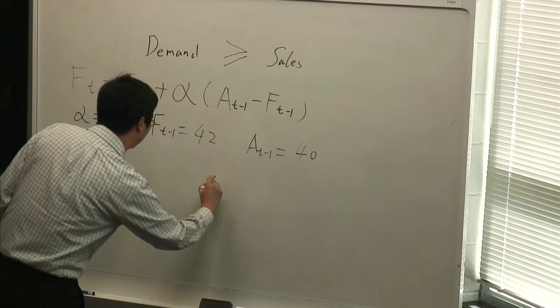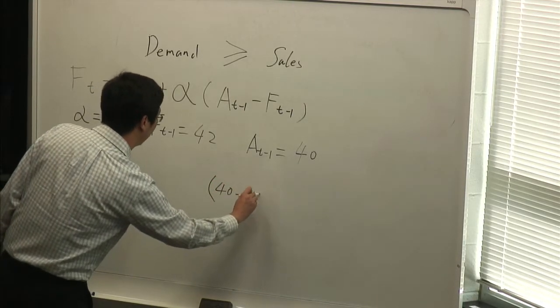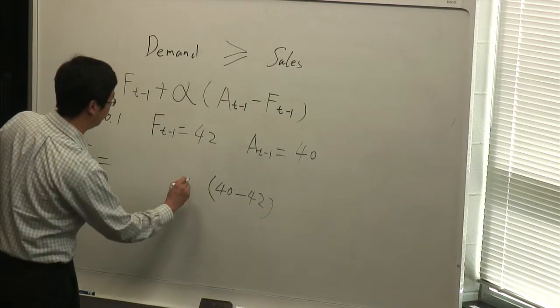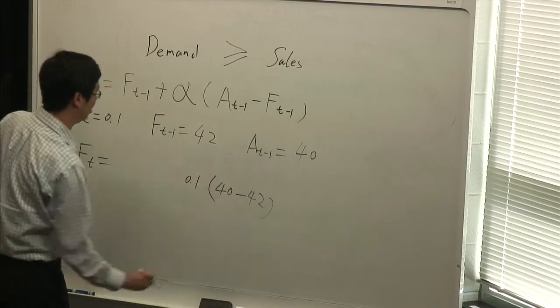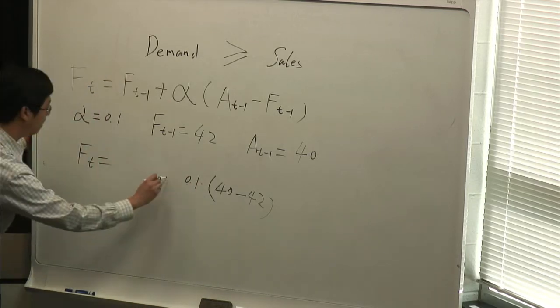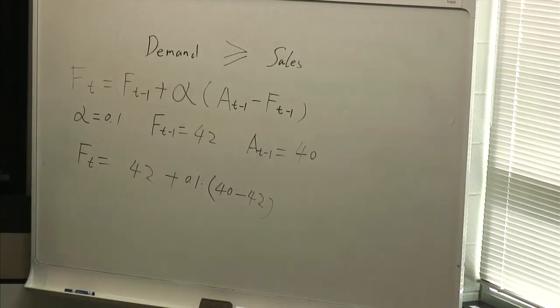Okay, I will do that. So 40 minus 42, right, is the forecast error, times 0.1, which is the smoothing constant, and then plus the 42, which is the forecast. Then what is your final result? 41.8. 41.8.